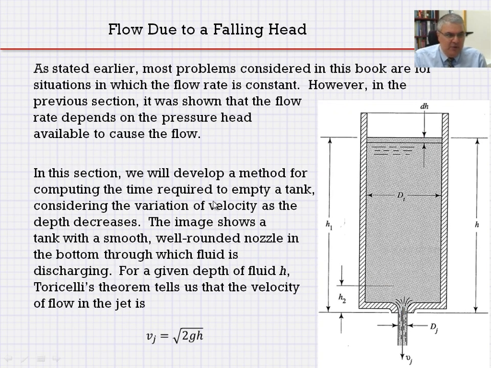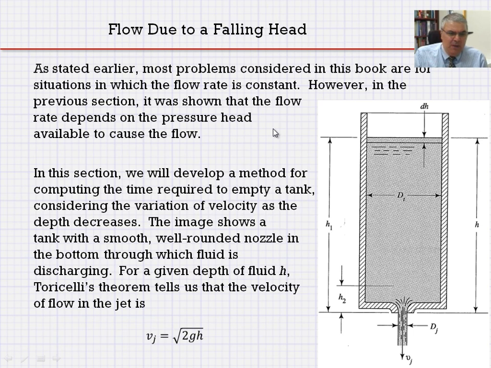All right, so let's take a closer look at the system in this case. We would like to develop a method for computing the time that's required to empty a tank. We are going to take a look at the velocity, realizing that there would be a variation in the velocity as the depth decreases.